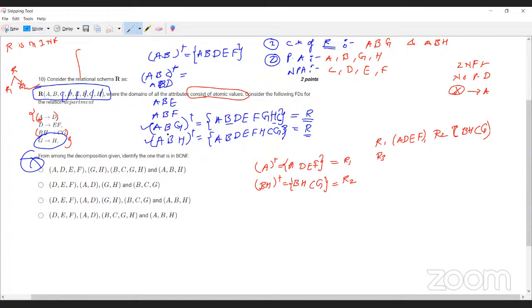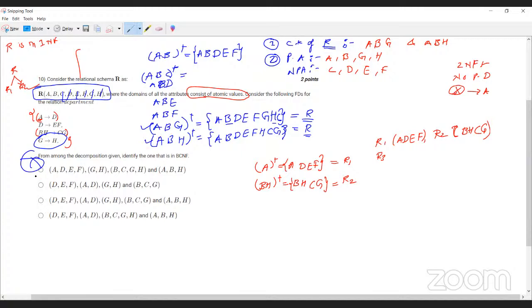So which one should I take? You could take either, ABH or ABG, right? Yes, we can.